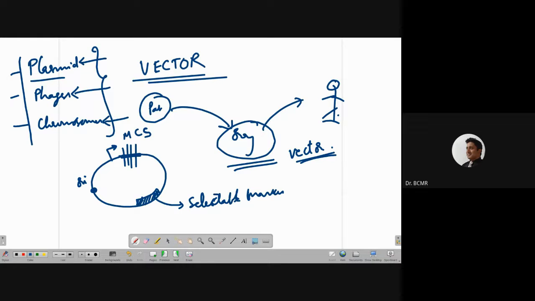If they are propagating within the organism, that means they are undergoing replication. For replication to happen, other than the substrates and enzymes required, there is a genetic element that should be within the molecule, the origin of replication. The origin of replication is the site where replication initiates.